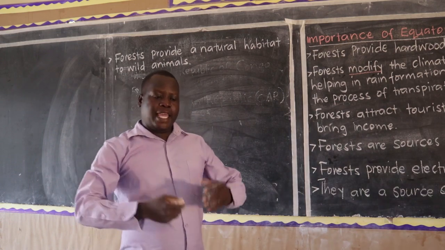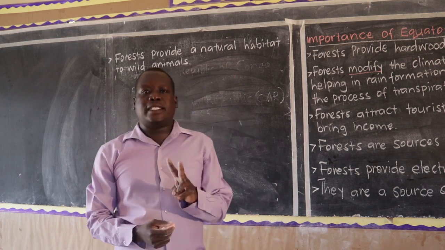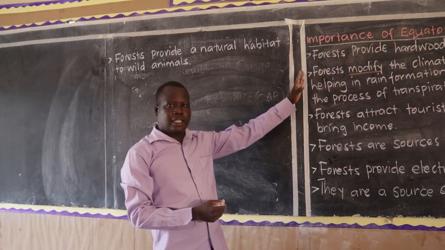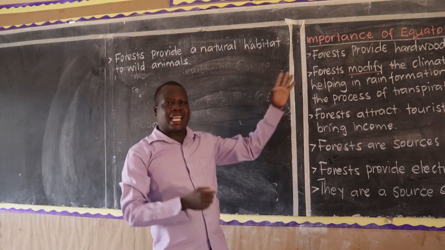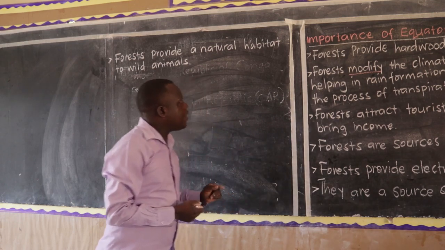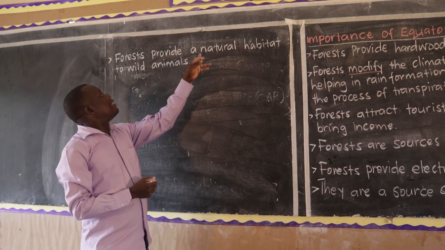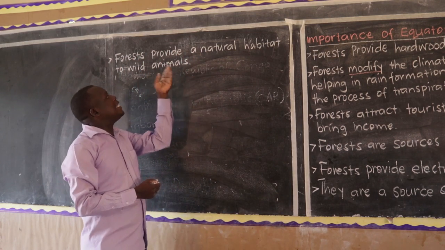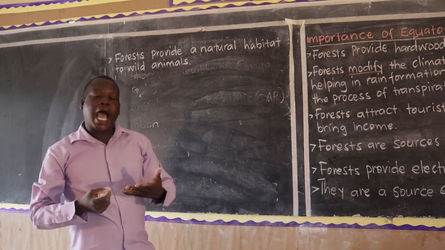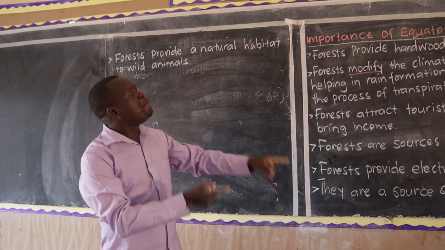If they ask a question and say, mention any 2 ways in which forests, equatorial or natural forests, are important to people, do not come and say forests provide a natural habitat to wild animals. You will have gone astray, because the question is asking you about people.